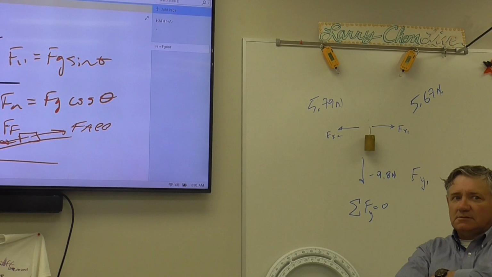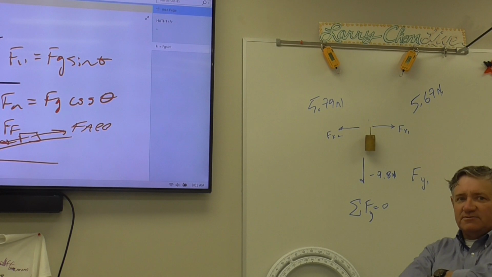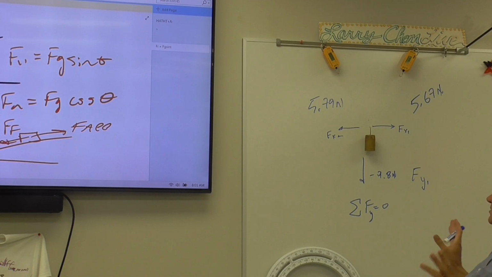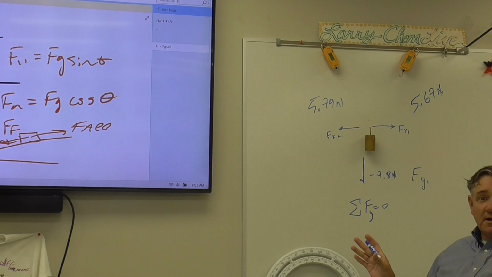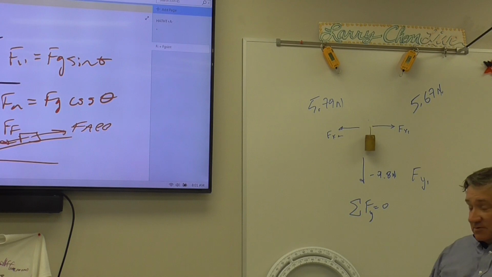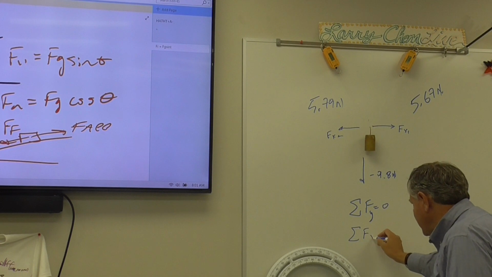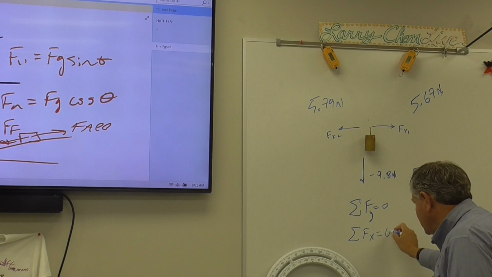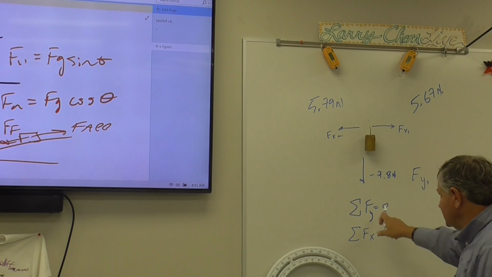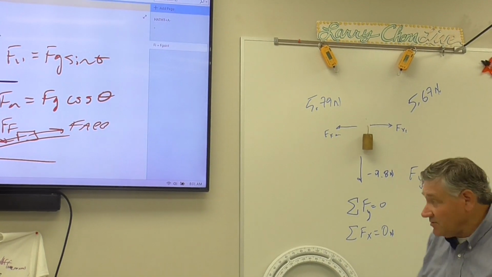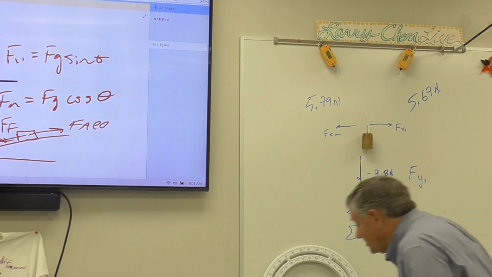No. Is it accelerating in the horizontal direction? No. So what's the only way I can have two horizontal forces and it not accelerate? They're the same, but in opposite directions. So the sum of the forces in the x direction still have to add up to 0, just like the sum of the forces in the y direction have to add up to 0.